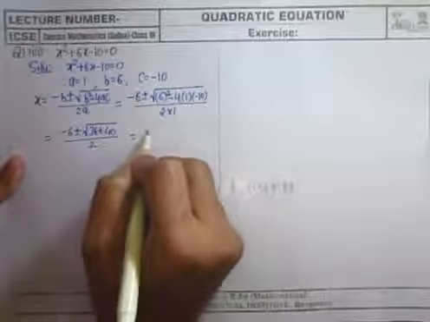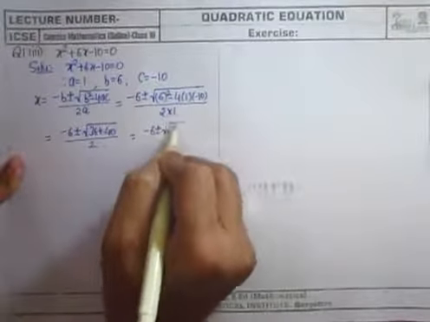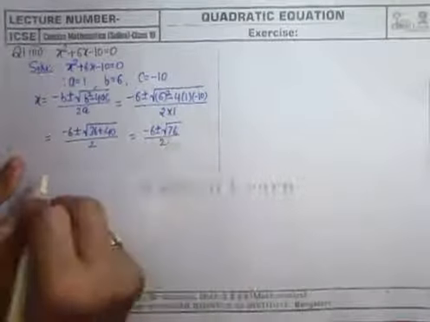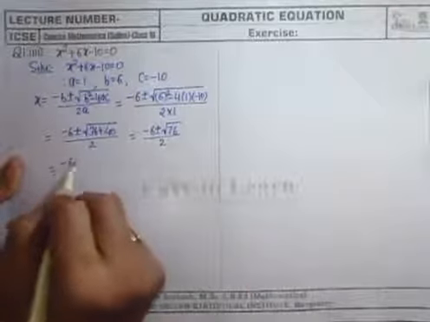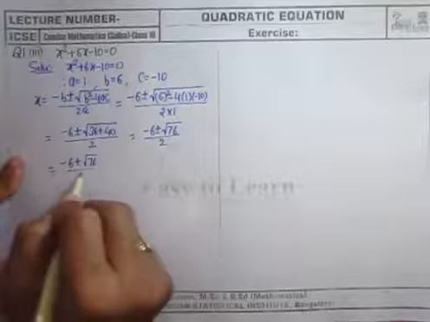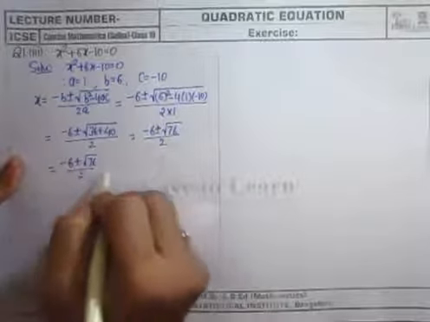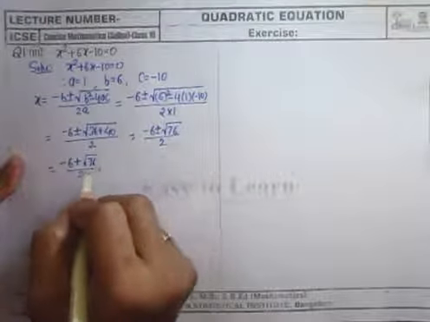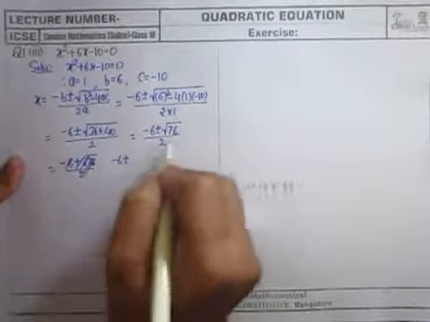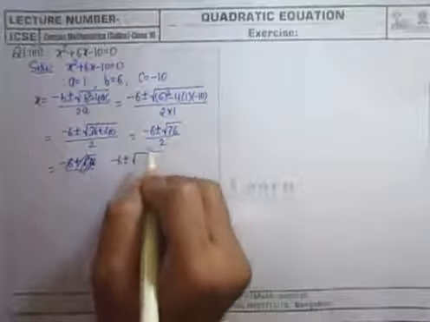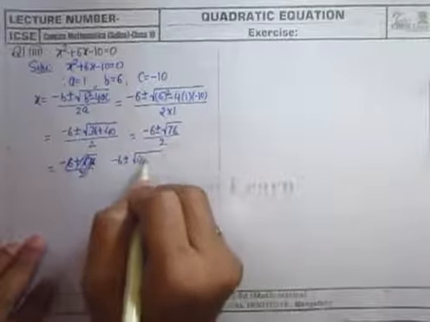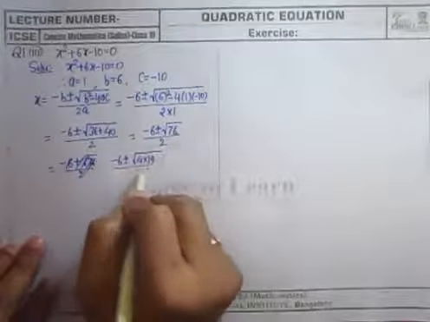So we will get minus 6 plus minus root under 76 by 2. 76 can be written as 4 times 19, by 2.